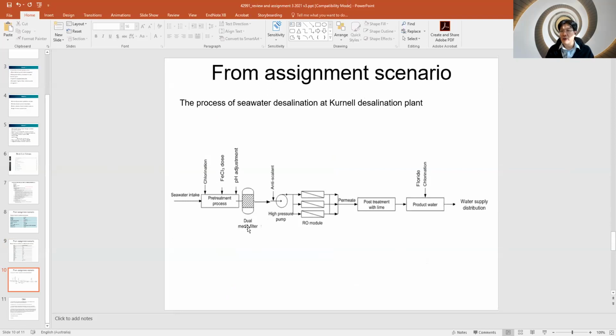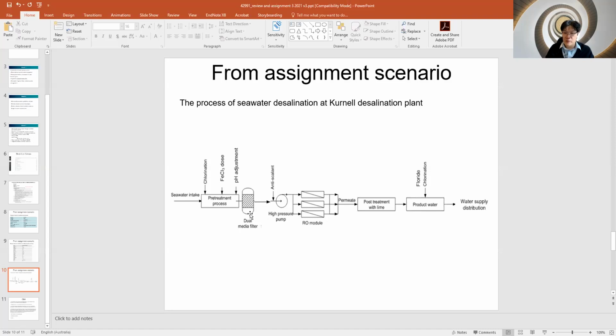How much chlorine you have to add, how much ferric chloride, how much pH adjustment you have to incorporate, and for the dual media filter, what the size is, how many, and how you can design it. Also for ultrafiltration, how you can design the surface area and how many modules you need.